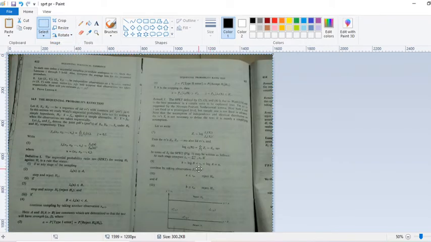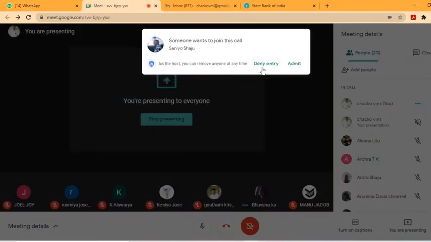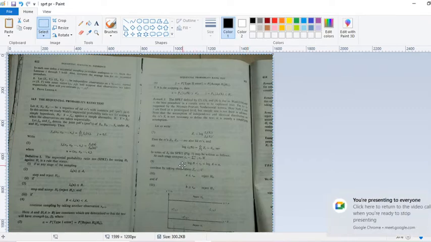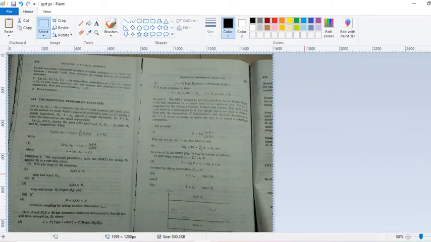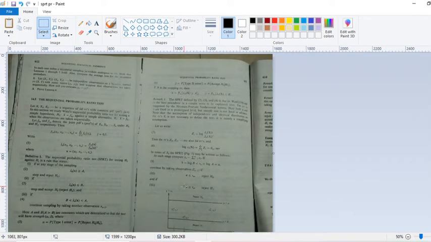So the criteria was: if a less than or equal to Sn, we reject the null hypothesis.